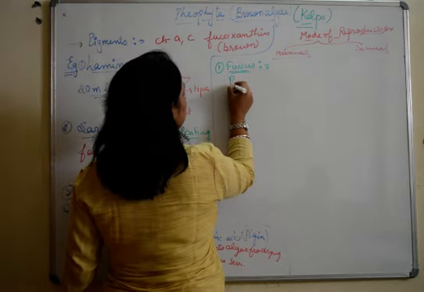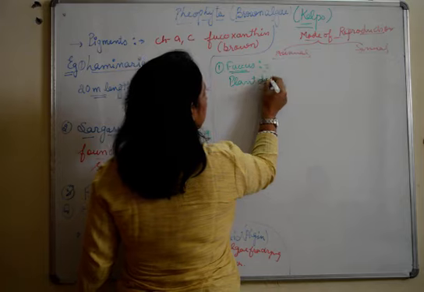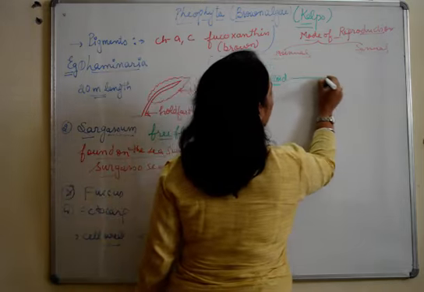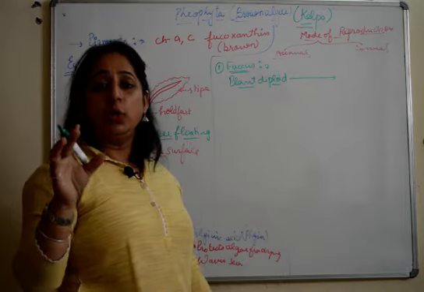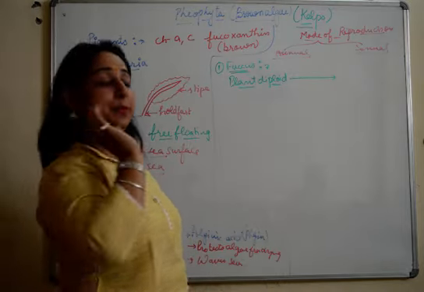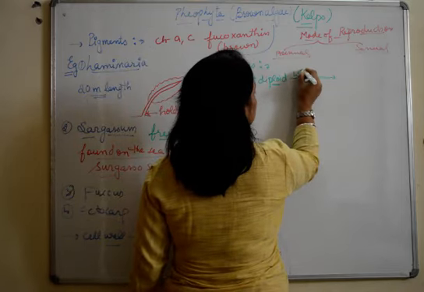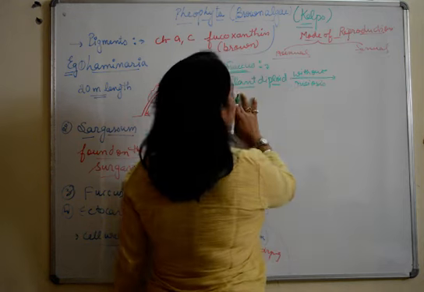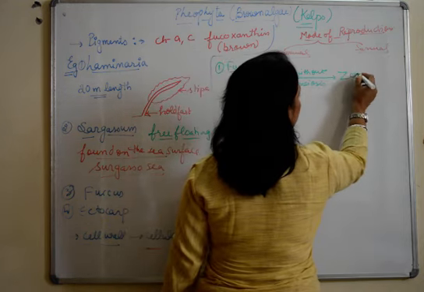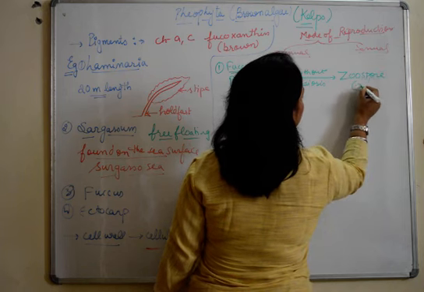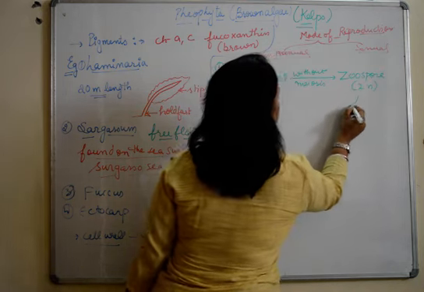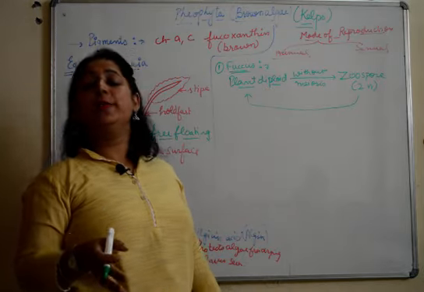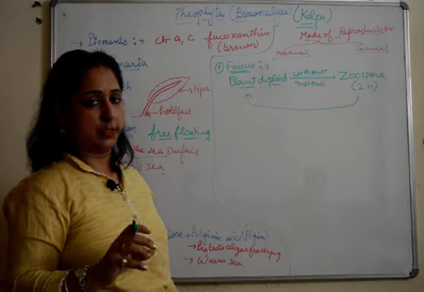The Fucus plant is diploid, and this diploid plant will undergo division without meiosis to form a zoospore which is diploid in nature, and this diploid zoospore will give rise to a diploid plant. This type of reproduction takes place in Fucus.